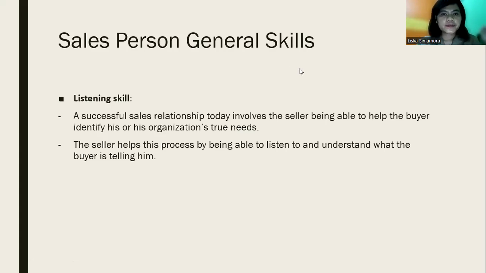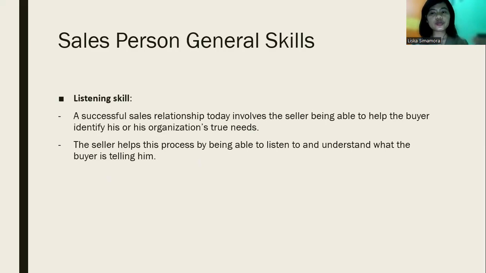And then the seller helps this process. How do you do that? Of course, by being willing to listen and understand what the buyer is telling you. If you cannot listen to them, you don't bring clear information.